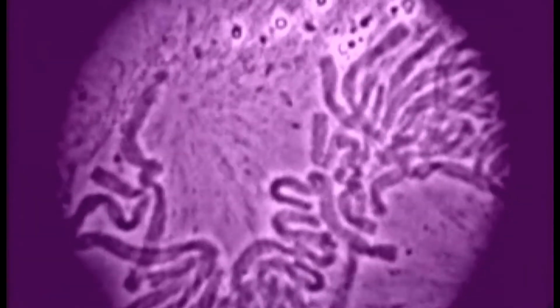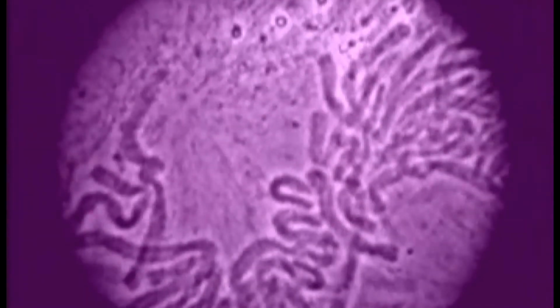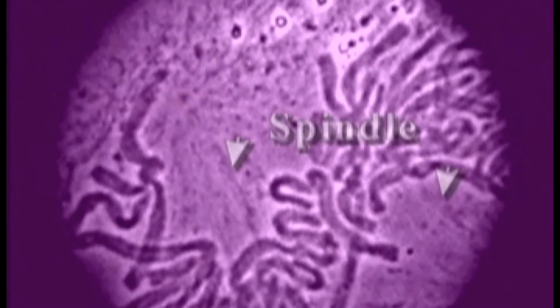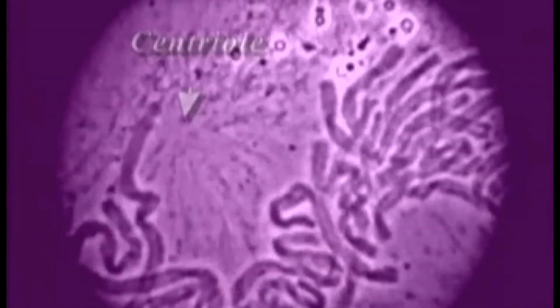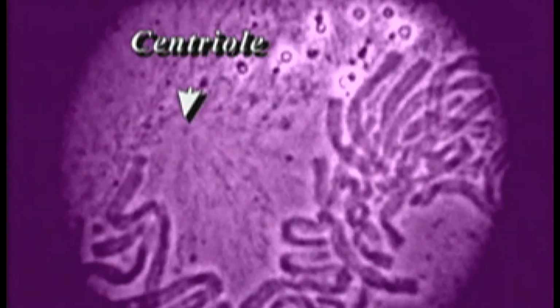As prophase continues, the nuclear membrane disappears and tiny tubes called microtubules gather to create a structure called the spindle. In animal cells, the spindle takes shape around 2 structures called centrioles, not found in plant cells.